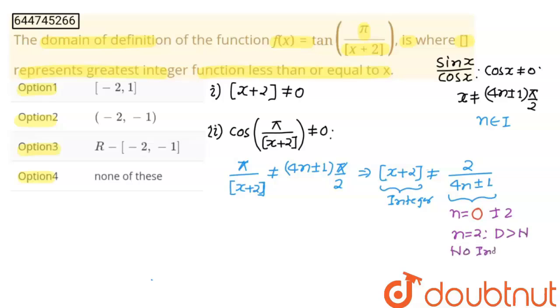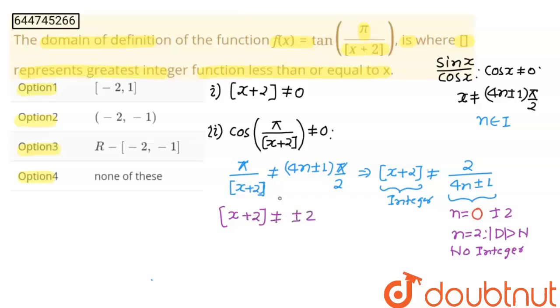The modulus of the denominator, because this can be negative also, will be greater than the numerator. So this will only form plus minus 2. So from this condition we got [x + 2] should not be equal to plus minus 2.